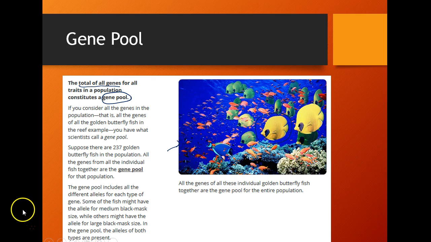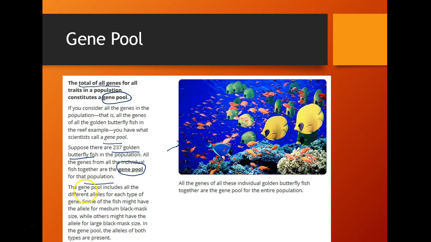If we were to look at all of the genes of the butterfly fish and all of the different versions of each of their genes, then we would have their gene pool. So it says here, if you were to have 237 golden butterfly fish in the population, then if you were to consider all of the different traits that they have, and compile all that together, we would have the gene pool for the butterfly fish in that population.